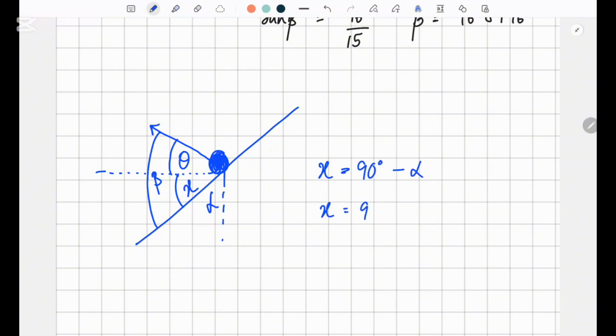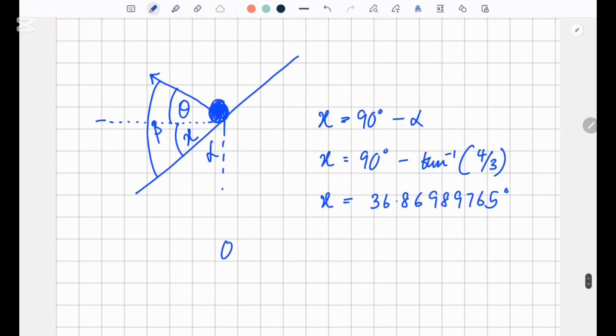So x equals 90 minus tan inverse 4 over 3, so this angle is 36.8698975.